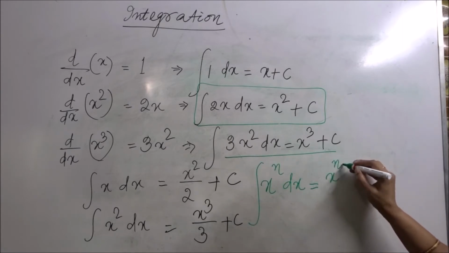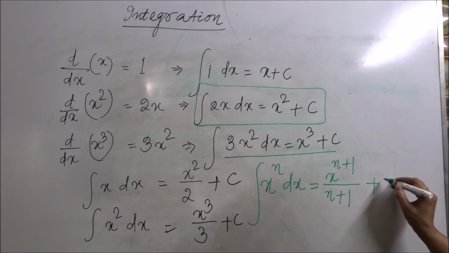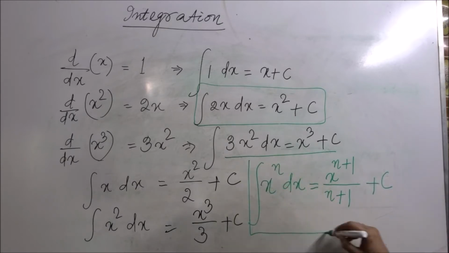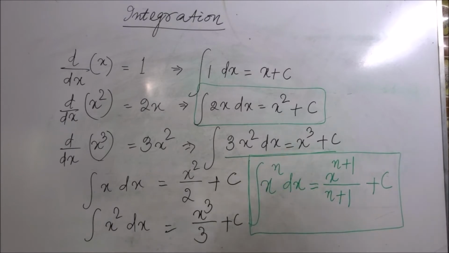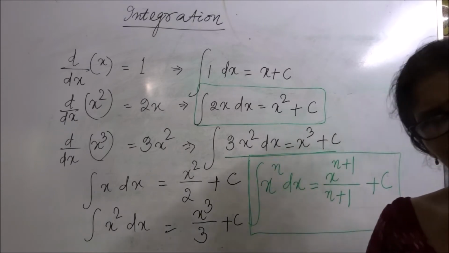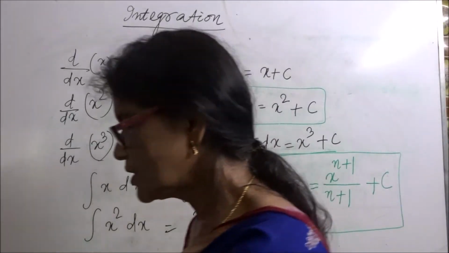It will be x to the power n plus 1 by n plus 1 plus c. So this is the integral formula you can apply for all the polynomials. So let us try for some questions.